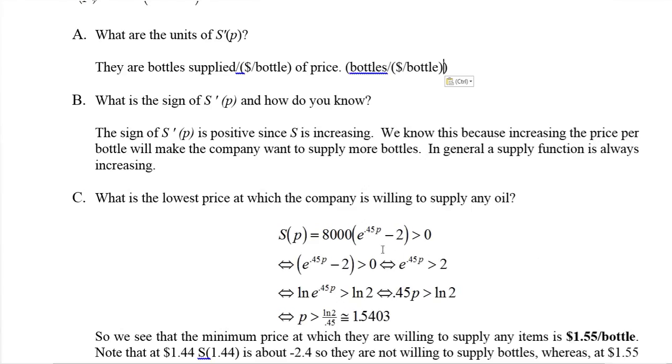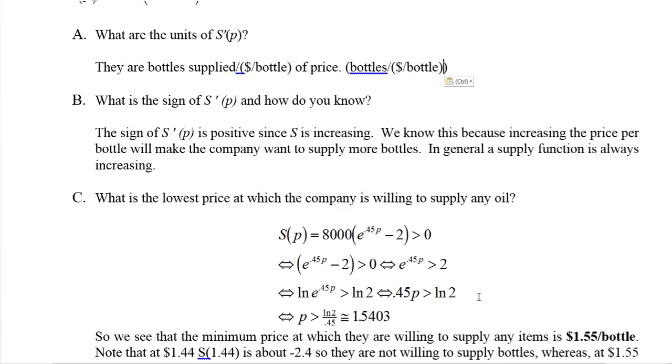So we take the formula and set it greater than or equal to 0, and divide by the 8,000 to begin with. That turns out to be irrelevant. So we do this part right here, add a positive 2. Then we take a logarithm of both sides, which gets rid of the e to the power and just leaves the power, 0.45p. And then of course that gives us a log of 2 on the other side. Solve for p by dividing, and we get log of 2 divided by 0.45.